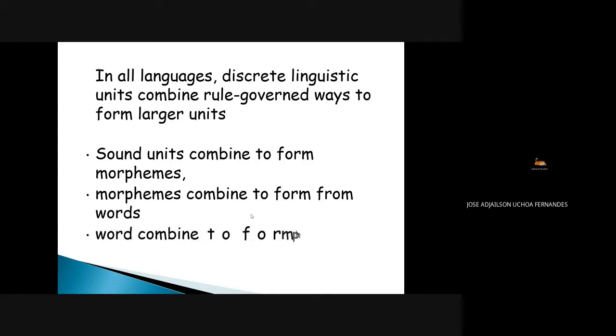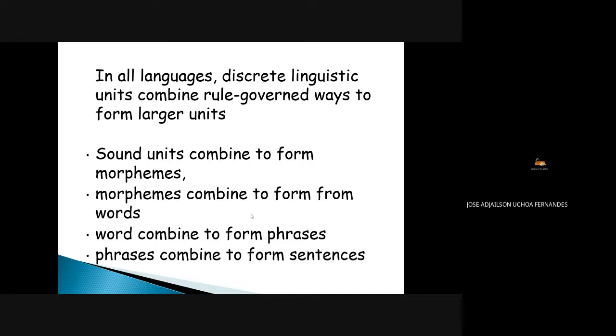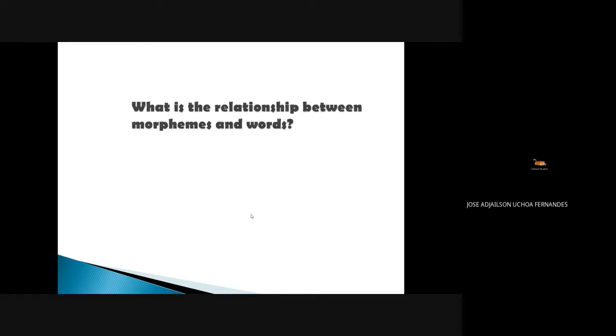Words will combine to form phrases, and this is from the perspective of syntax. Syntax will deal with the phrase as phrases combine to form sentences and so on, and then you have the text, for discourse analysis.